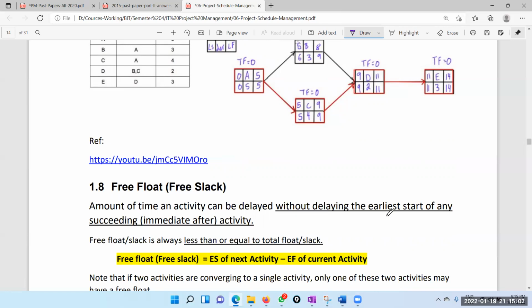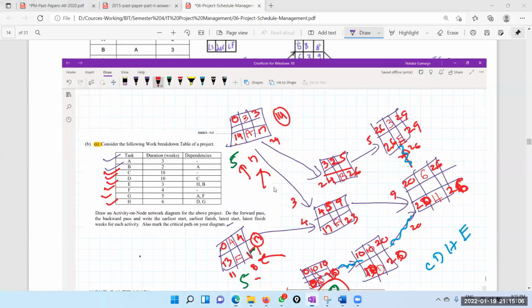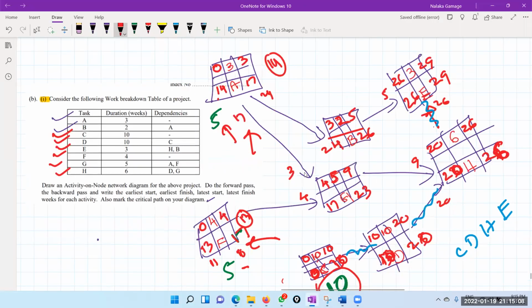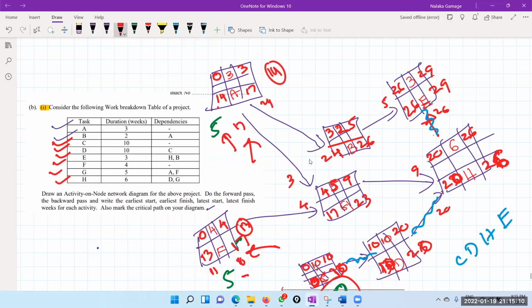Okay, that is different from total slack. Right? For example, if you take this one, now here I can delay this task by 14 days. That means either I can start on the 0th day or 14th day. It is not going to affect the deadline. So that is total slack.